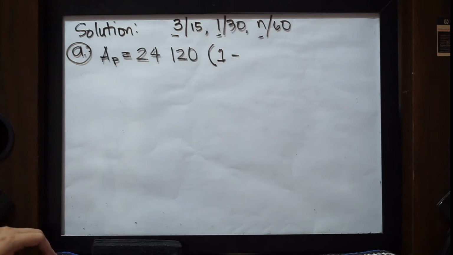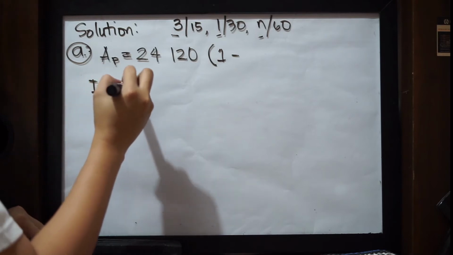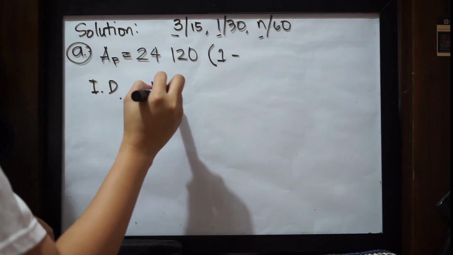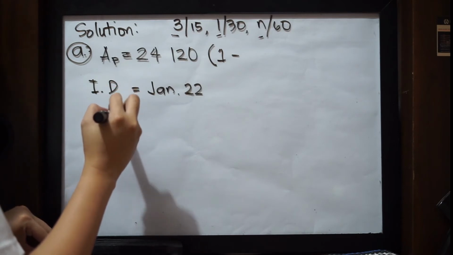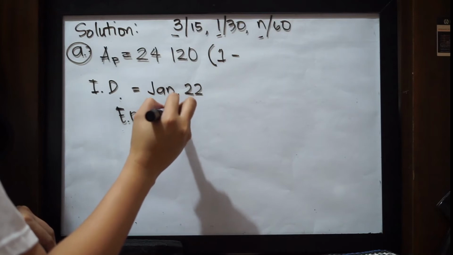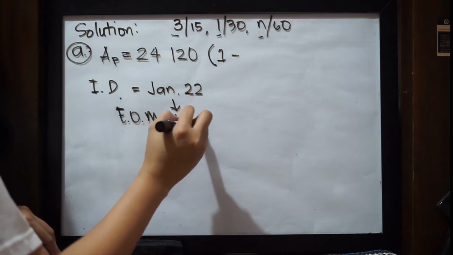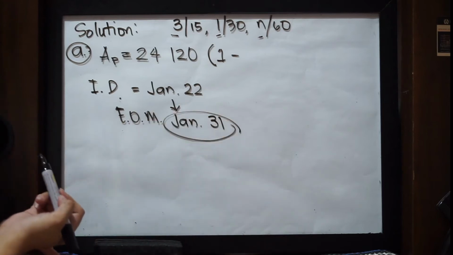So, if the invoice date is January 22 and this problem is under EOM, i-shift na natin agad. So, from January 22 magiging January 31. So, ito na yung bago nating invoice date.